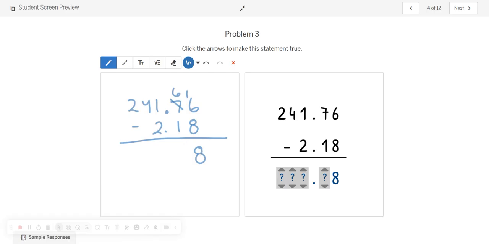Then I've got 6 dimes minus 1 dime is 5 dimes. I'm going to borrow from the 40, make it a 30, and then this would become $11 is a 9. 239.58. Here we go.